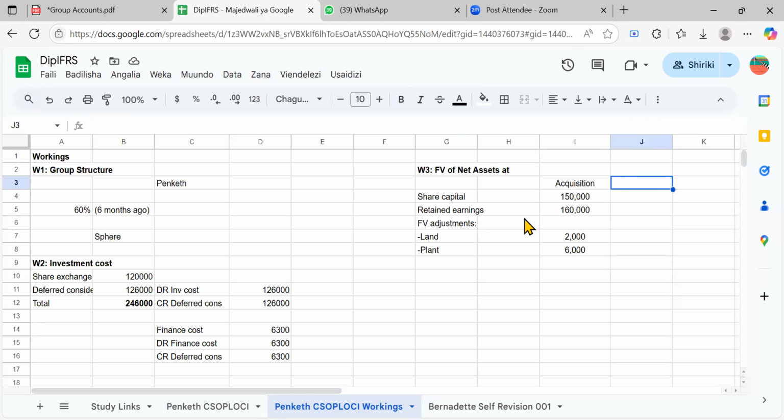You know what entries should be passed if you have that depreciation. We credit the asset and then we debit the income statement. That's the entry for depreciation. We have debited the income statement. You have to credit the asset. But it won't matter.